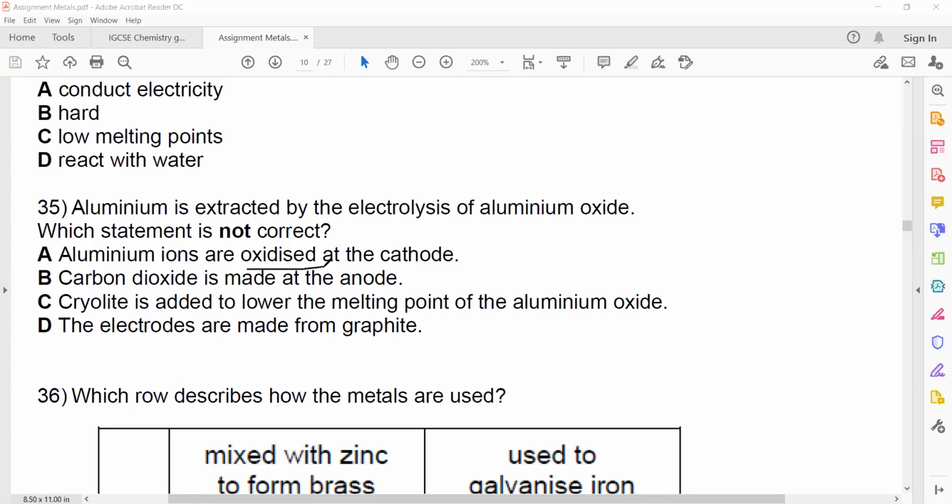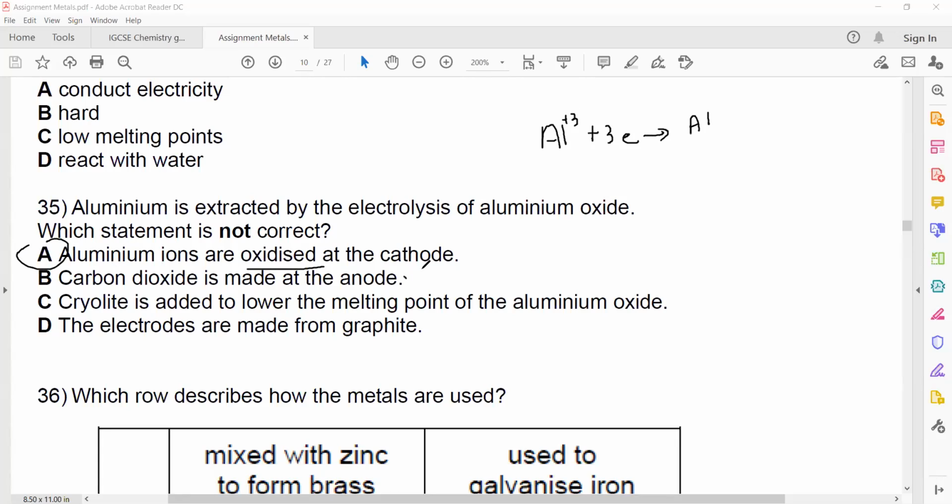Aluminium ions are oxidized, but oxidation means a loss of electrons. What happened? Aluminium ions gain electrons. So when something gains electrons, we don't say it is oxidation. We call that a reduction. So this statement is not correct.